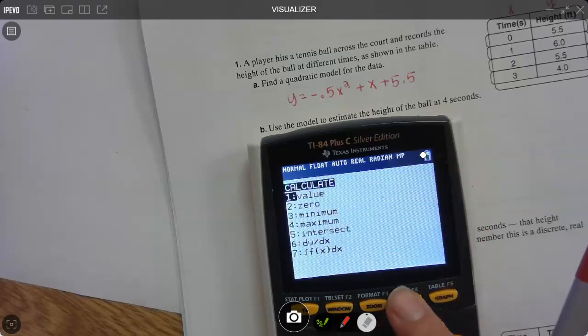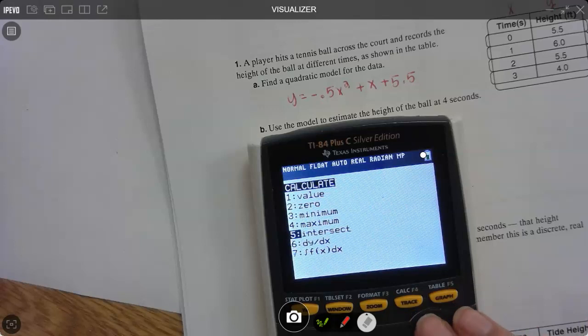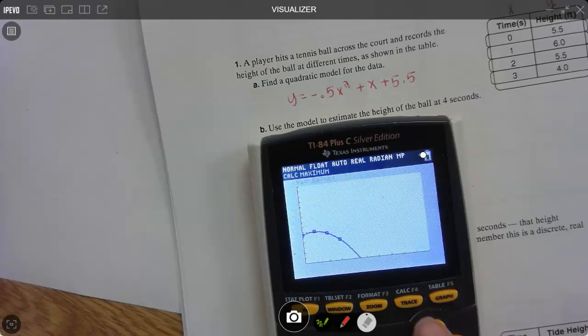Second, trace allows me to pick max as one of my options. And then move my cursor so that it is to the left of that height. Again, I'm predicting my max is going to be somewhere around here at 5.9 and 9.8. But I want to go to the left of it and to the right of it.